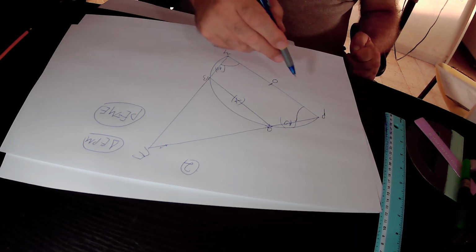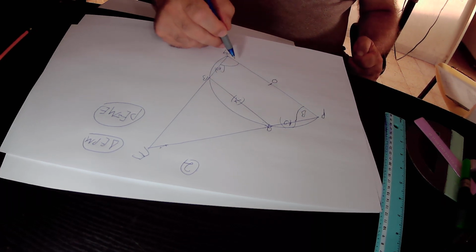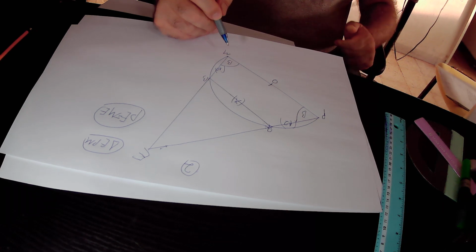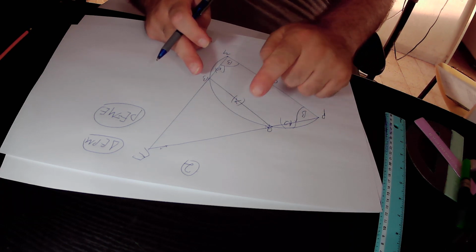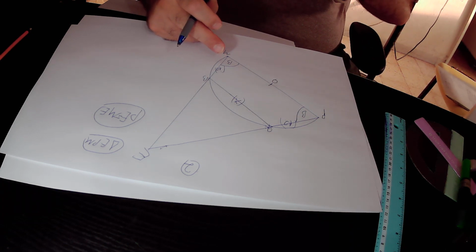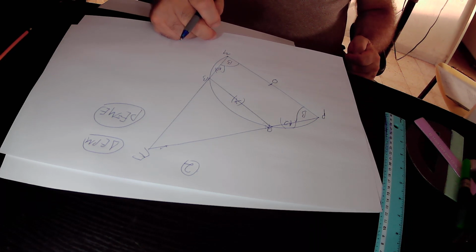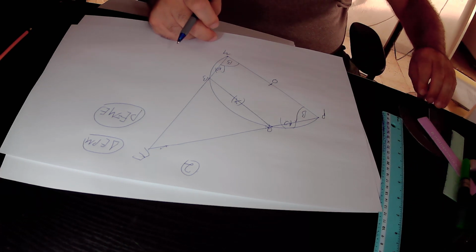So if the size of this angle is beta, then the size of this angle must also be beta. In the next step, we complete this semicircle to a circle.